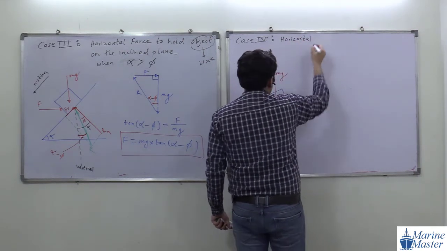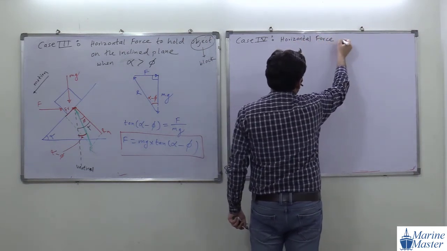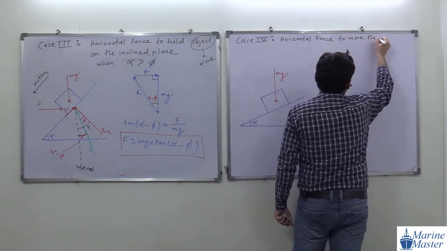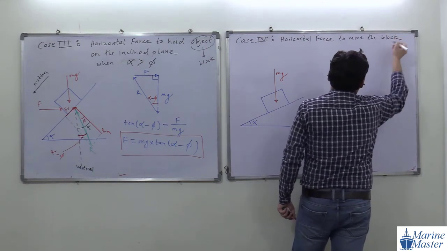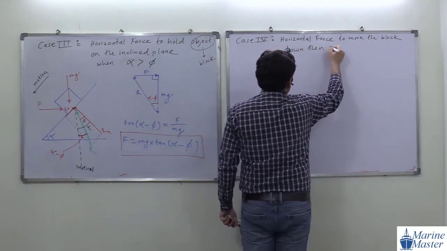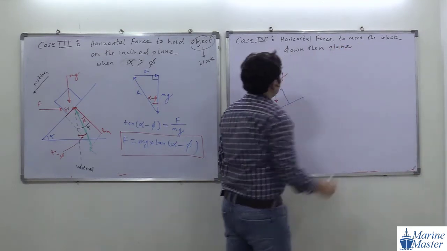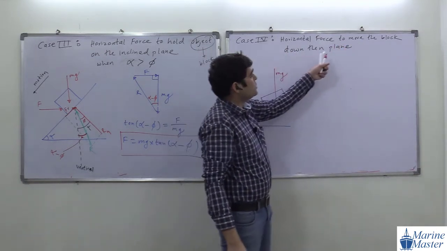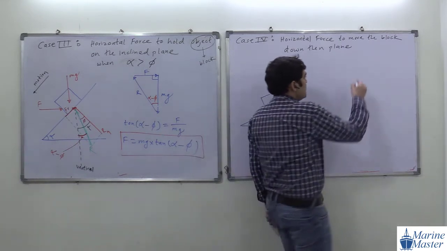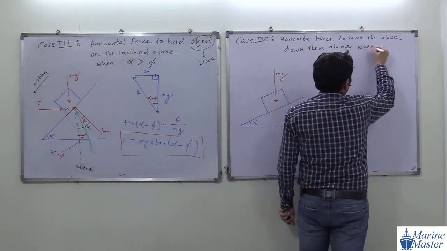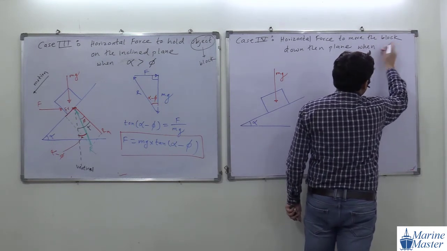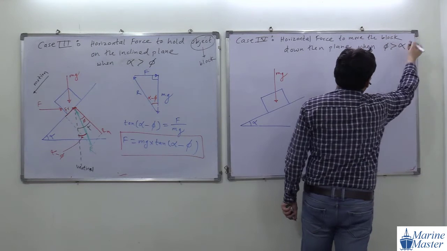Horizontal force to move the block down the plane, when alpha is less than phi, or phi is greater than alpha.